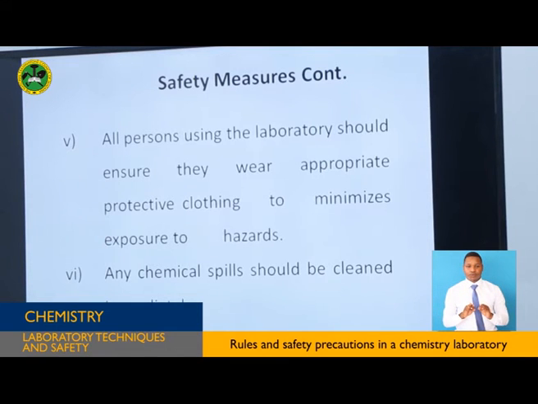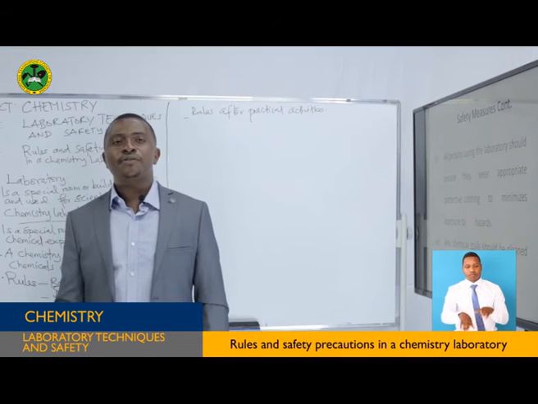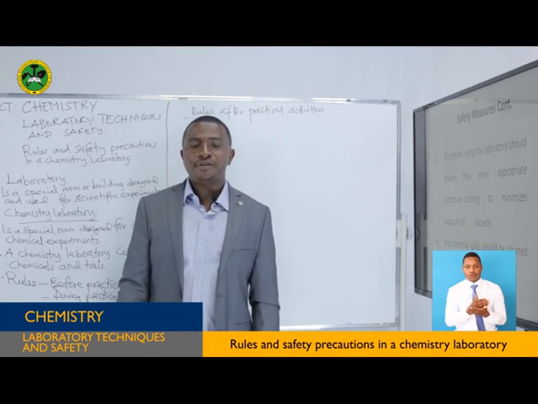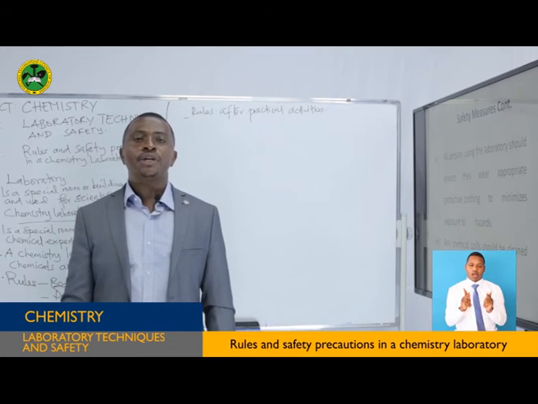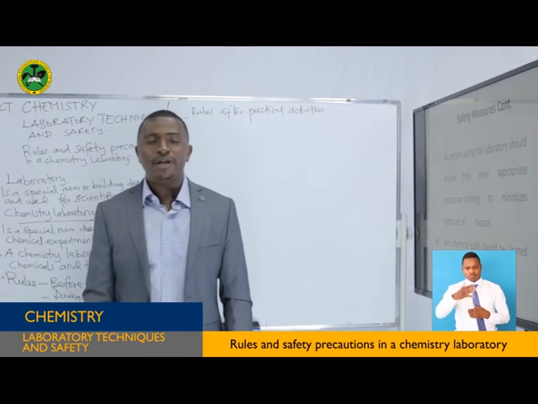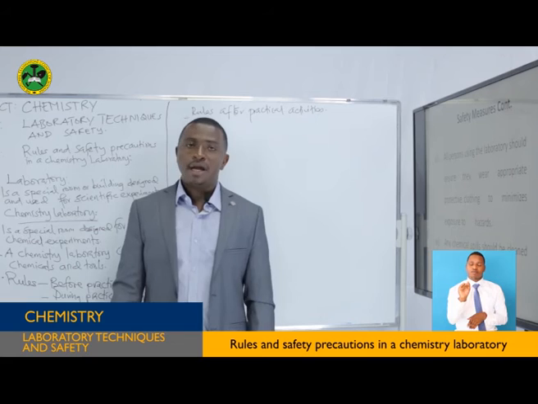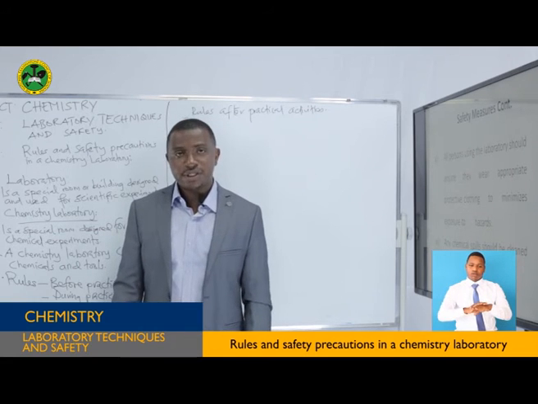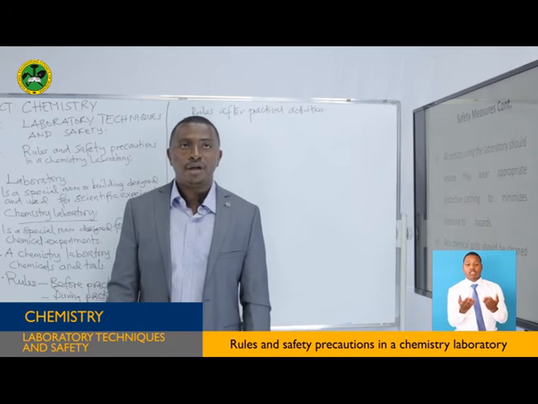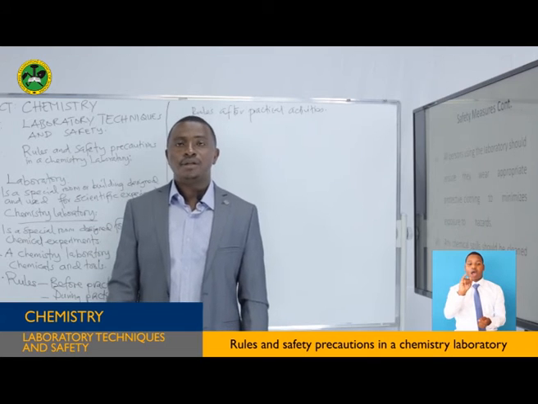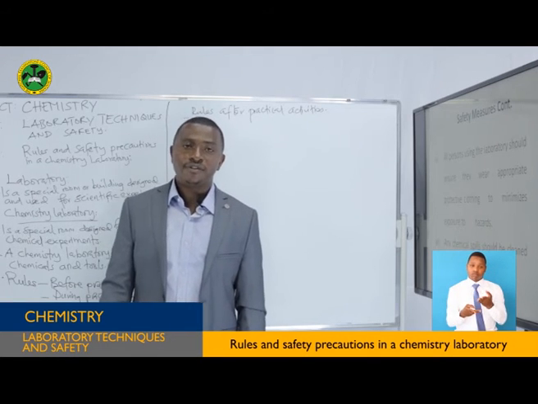Any chemical spills should be cleaned immediately. This is also another safety measure: if you find chemical spills on the floor, inform the laboratory technician, because a chemical spill can be a concentrated acid, a poisonous substance, or a harmful substance.